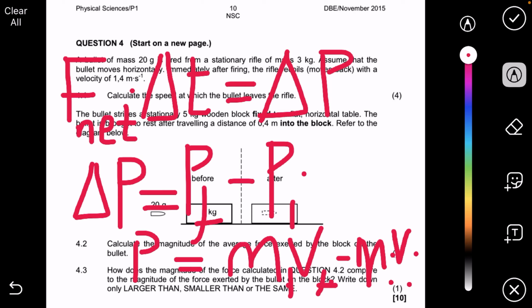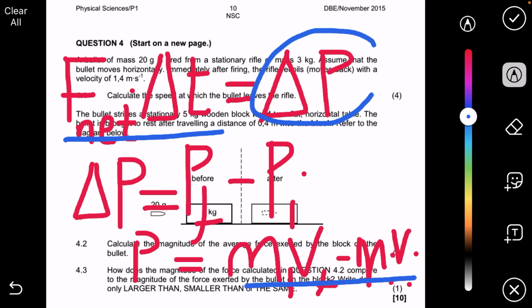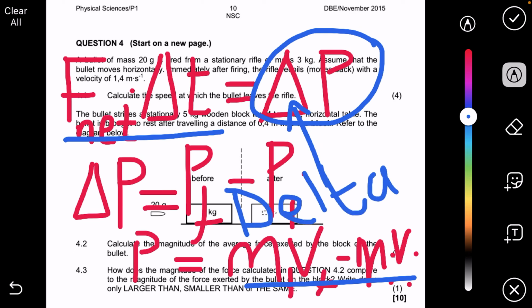So I've just expanded that change in momentum. Remember, this sign means change. In Greek it is called delta. In short, it means final minus initial.